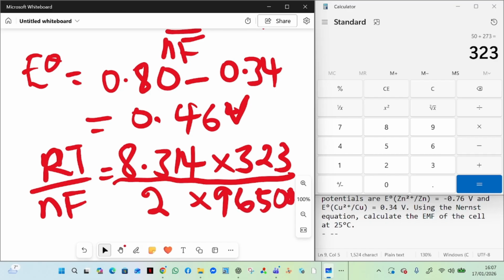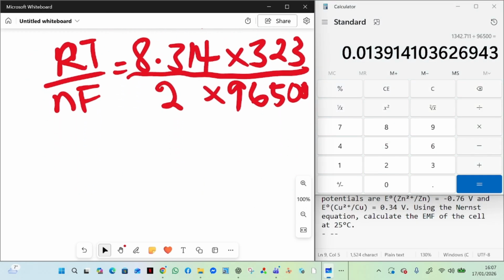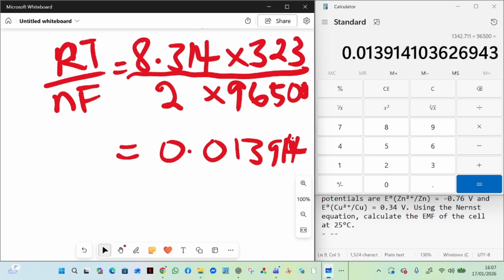So let's solve this: 8.314 times 323, divided by 2, divided by 96,500 gives us 0.013914. Now we have to multiply this by ln Q.